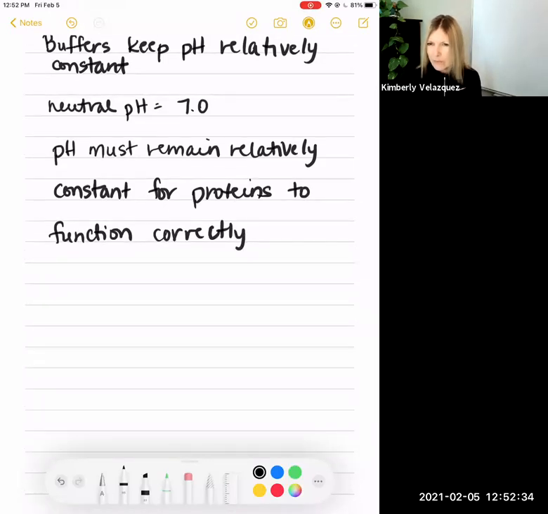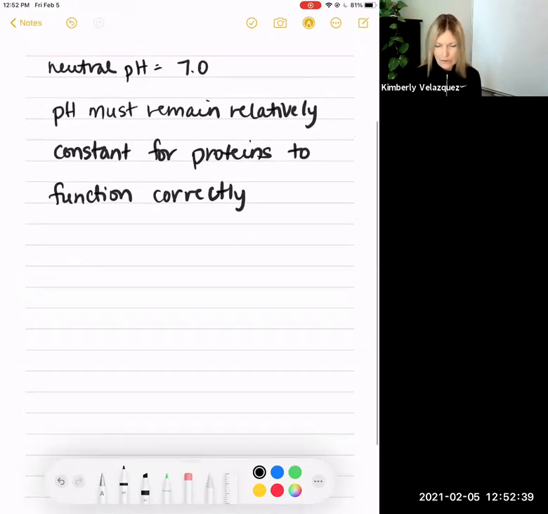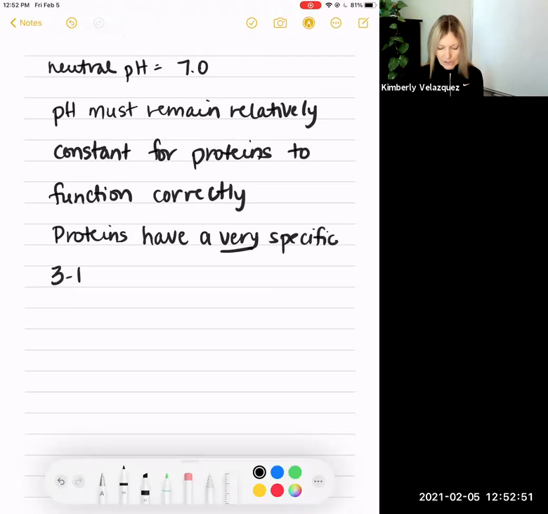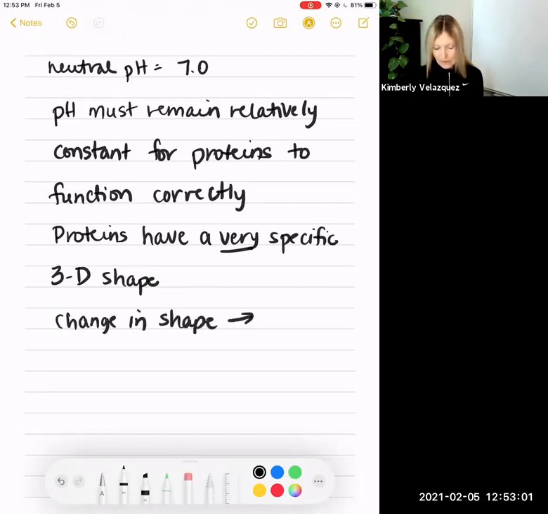If the three-dimensional shape of that protein changes, the function of that protein changes. In fact, change in shape usually means it doesn't function at all.